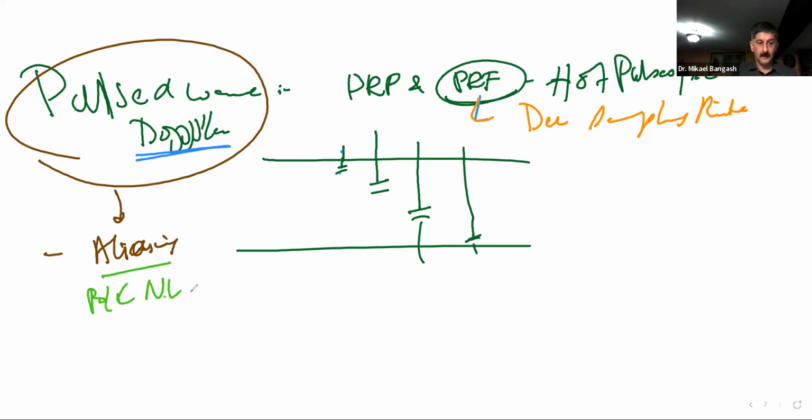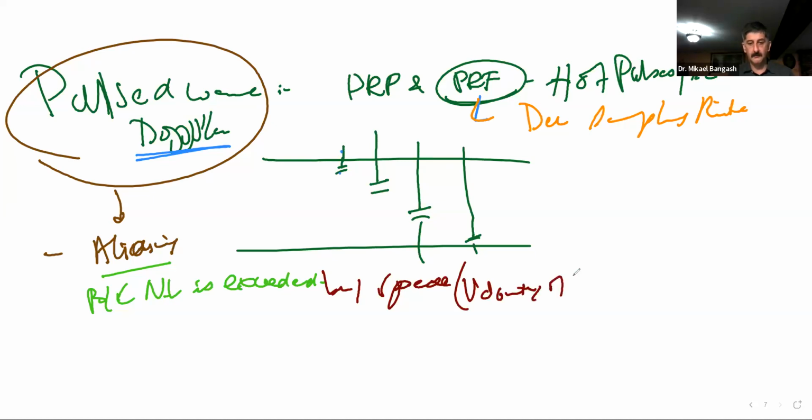Because the Nyquist limit is exceeded by the speed, or if you don't like speed, you can say the velocity of blood.